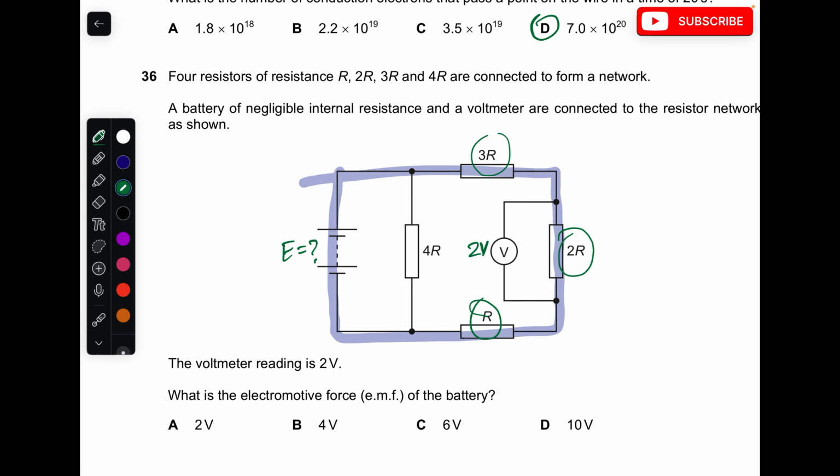So their voltages depend on the ratio of the resistance. If 2R has a voltage 2V, this will have 3V, this will have 1V. So total EMF should be equal to total voltage in a loop. That will give me 6V. It's option C.